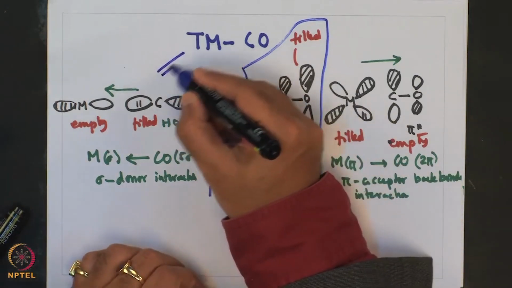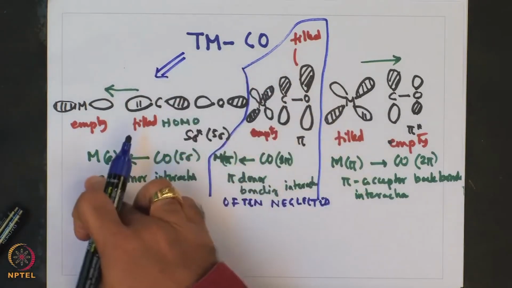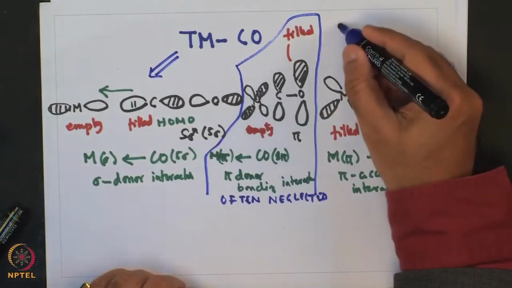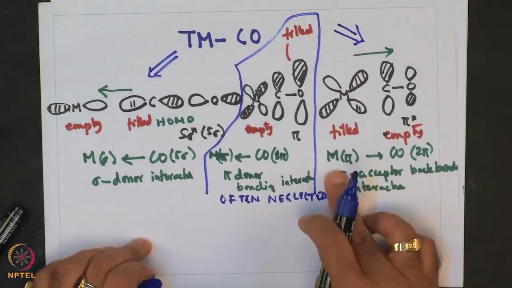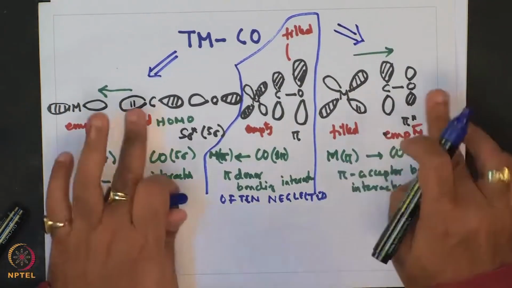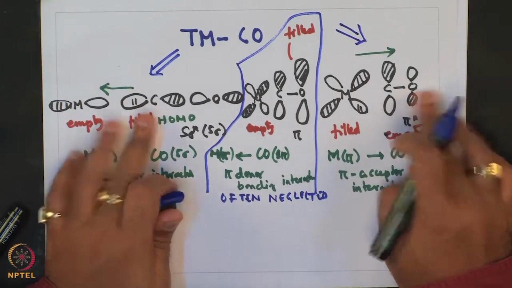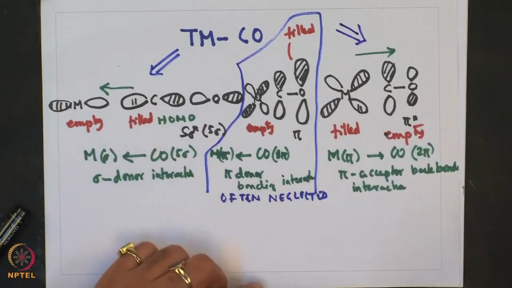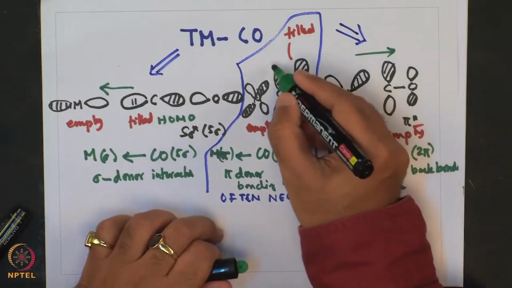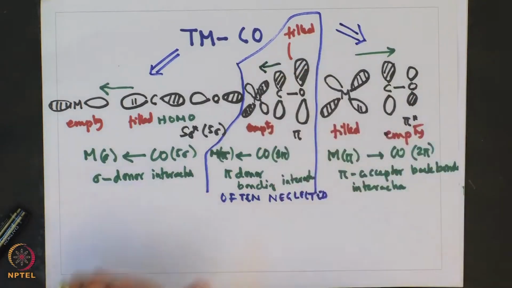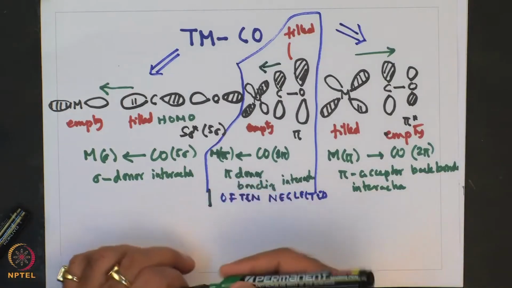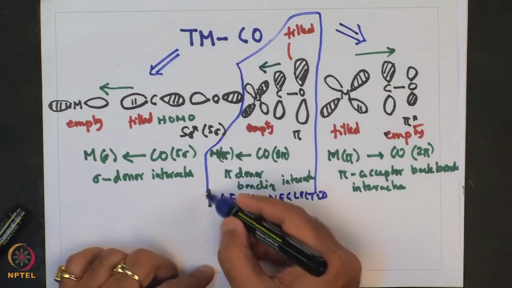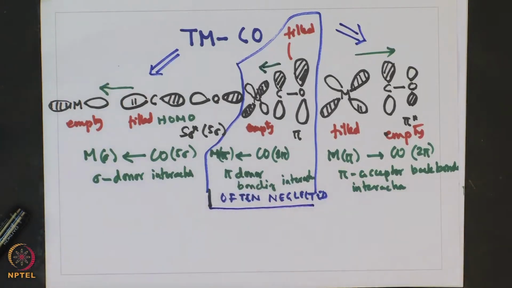One is this CO to metal sigma interaction, and the other is the metal to CO pi back interaction. These two interactions are often spoken about, and this interaction of filled CO to metal pi vacant is often neglected, but nonetheless this is an important interaction and is being discussed in this current topic.